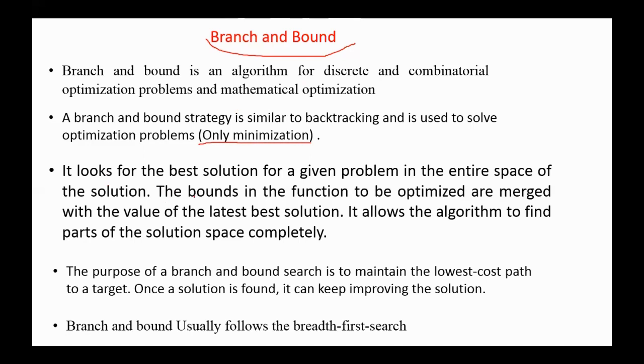The bounds in the function to be optimized are merged with the value of the latest best solution. It allows the algorithm to find parts of the solution space completely. The purpose of a branch and bound search is to maintain the lowest cost path to a target. Once a solution is found, it can keep improving the solution. Branch and bound usually follows the breadth-first search.